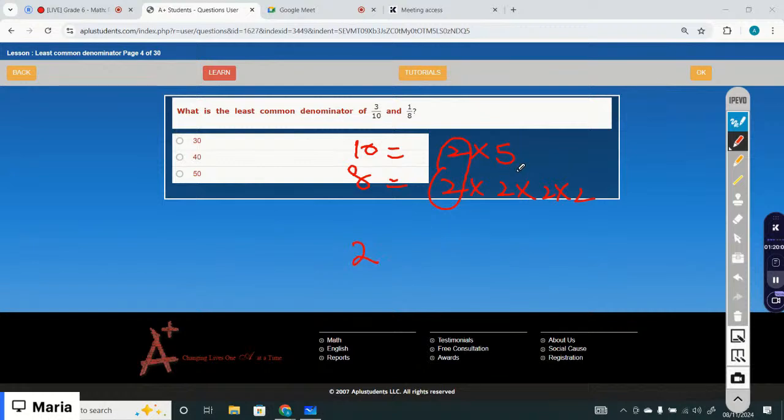This is the common factor, and the non-common factor is 5. 2 times 2 is 4, 4 times 2 is 8, 8 times 5 is 40. So the correct option is 40. Option number 2 is the correct option, that is 40.